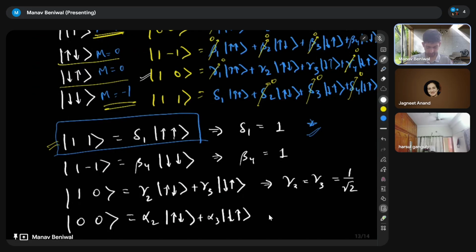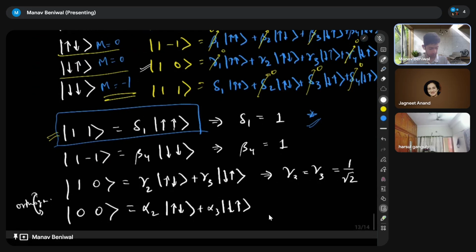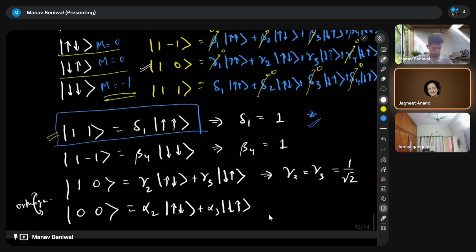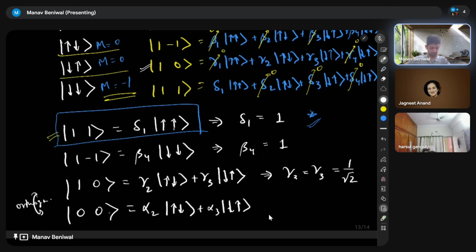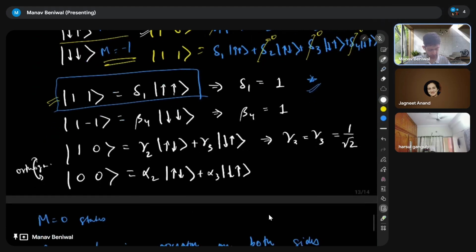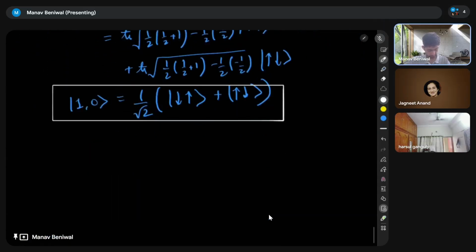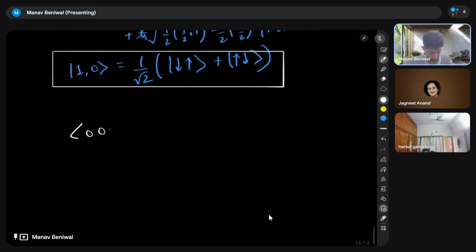One trick that we always use is the orthogonality. We know that these two states will be orthogonal to each other. By orthogonality, if we do this operation, basically 0 0 with 1 0, we should get 0.